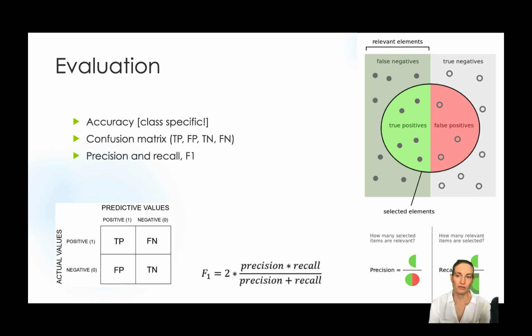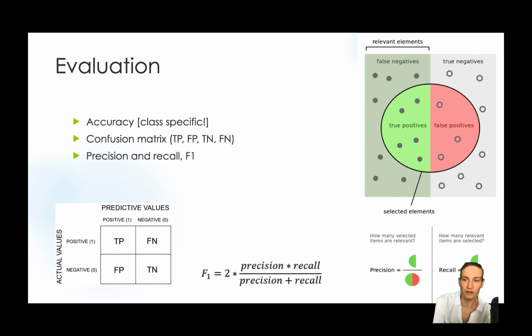I like looking at confusion matrices because they give you an even better view of what you're misclassifying exactly. You see a confusion matrix here at the bottom left. We have true positives, true negatives, false positives, and false negatives.